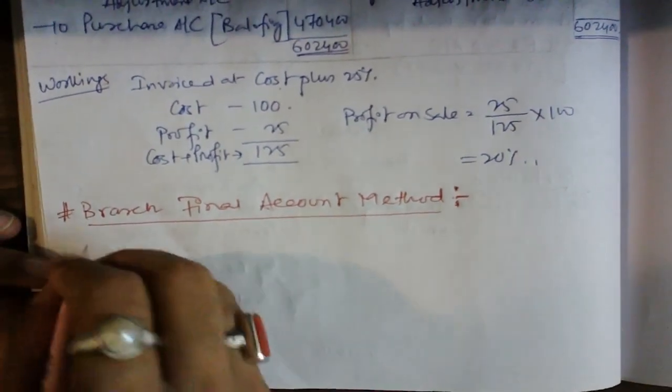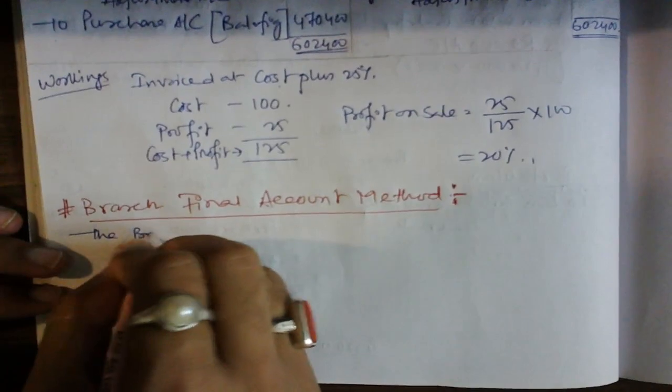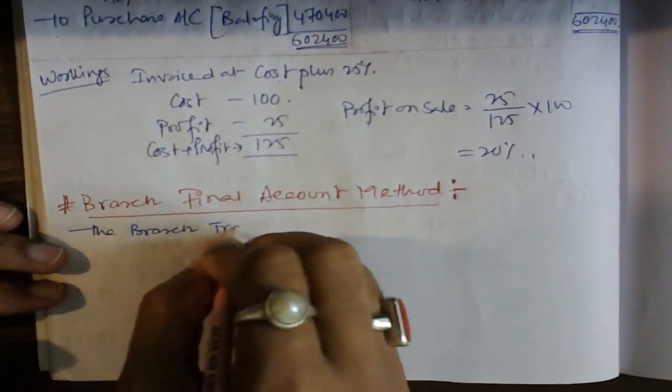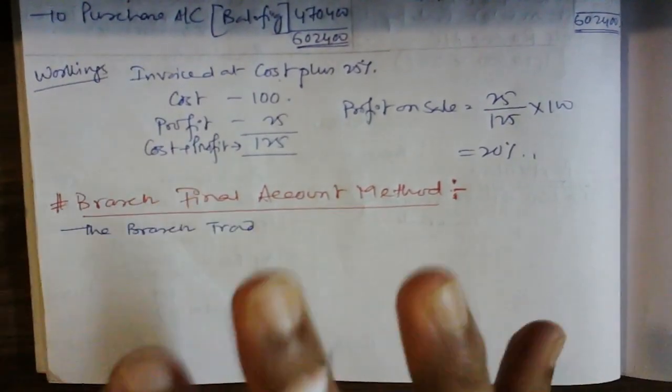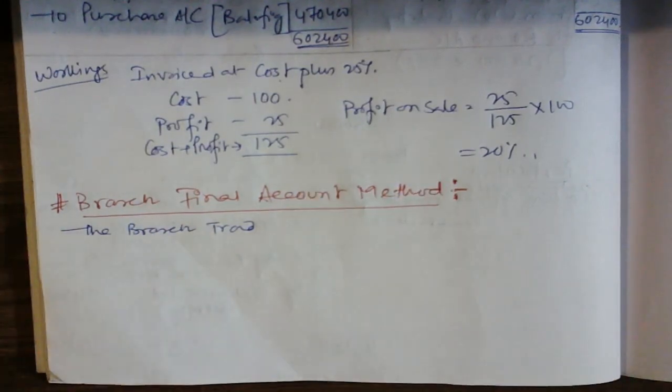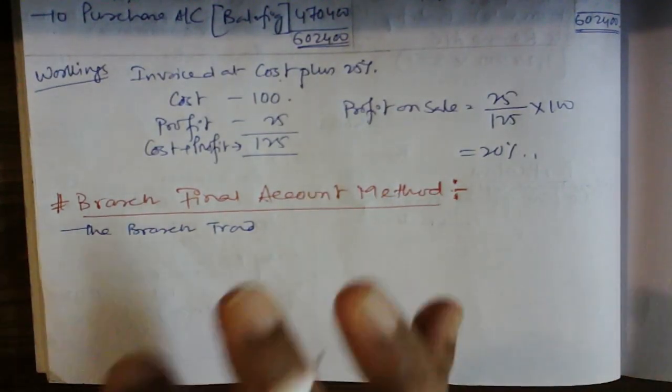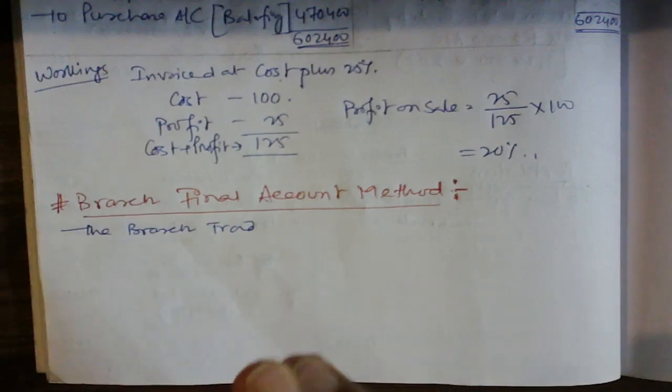Please write here: the branch trading. Final account itself depicts the trading and P&L account. Final account means trading and P&L account. So we are going to prepare the trading and P&L account to calculate the branch profit and loss.